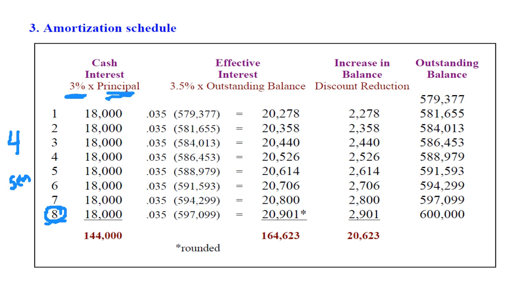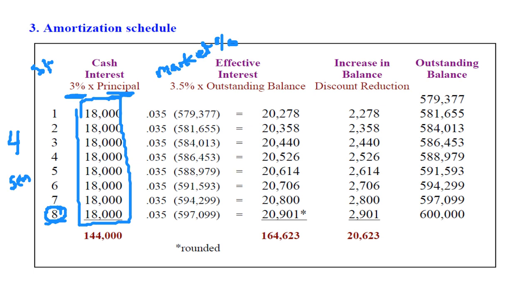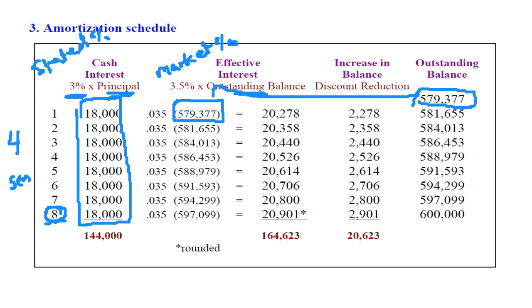For the second one, it will be the effective interest. This one is the stated interest rate, and this is the market interest rate times the outstanding balance. For the first payment only, we will use the present value. Take the present value as it is and use it for the first payment. We will get the effective interest.